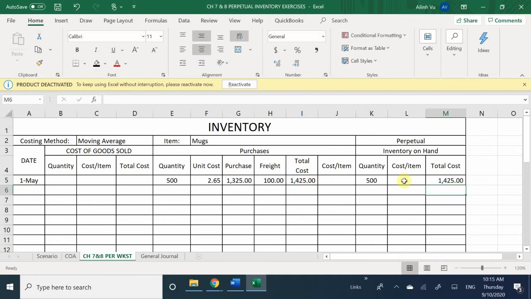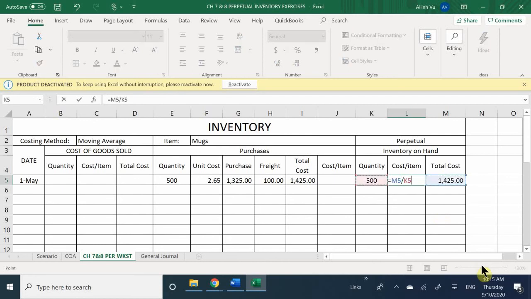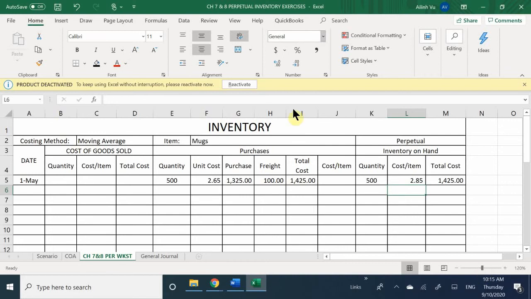And what is my cost per item here? $2.85 even, right? Is it even? Yeah. Perfect. Okay, so that's our average cost, because we only have one batch that we're dealing with for now.